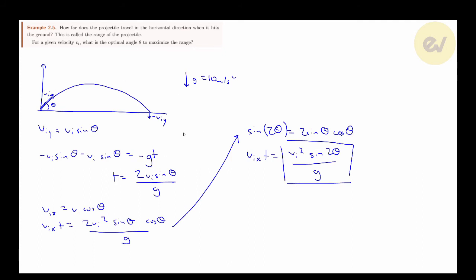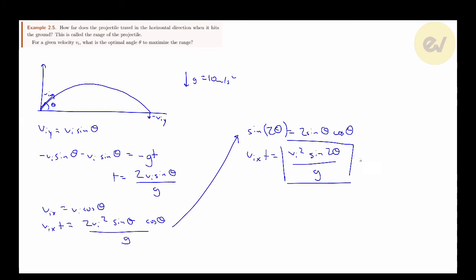Now, if we want to maximize this displacement, we can realize that if we can get sine of 2 theta right here equal to 1, then it'll be the maximum distance we can travel.